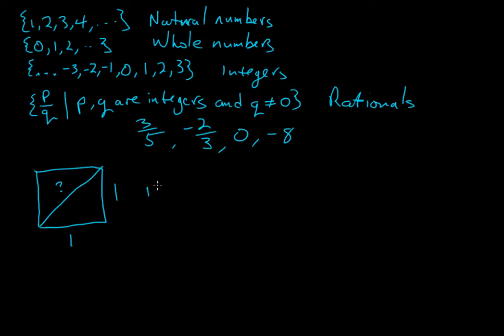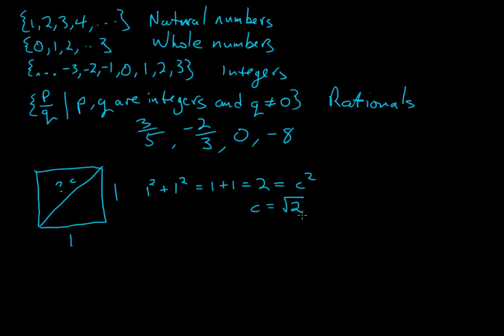And if you know your Pythagorean theorem, the square of that length, the hypotenuse, is the sum of the squares of the other two sides. So that's 1 plus 1 is 2. This equals the hypotenuse, c, say, squared. Well, that means that c itself is the square root of 2.